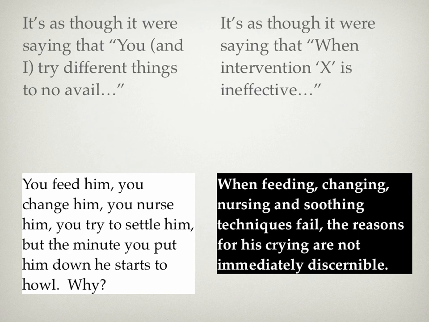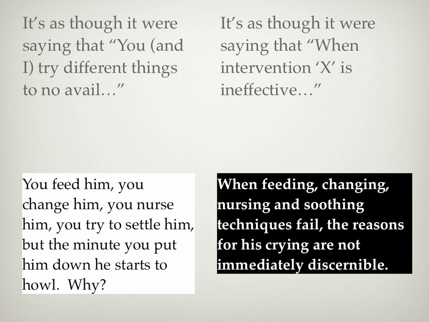When intervention X is ineffective, and what are the interventions? They are listed as a series of abstract nouns, notice, changing, nursing, soothing, rather than the actions that you might usually do and expressed with verbs like you nurse him, you try to settle him down.